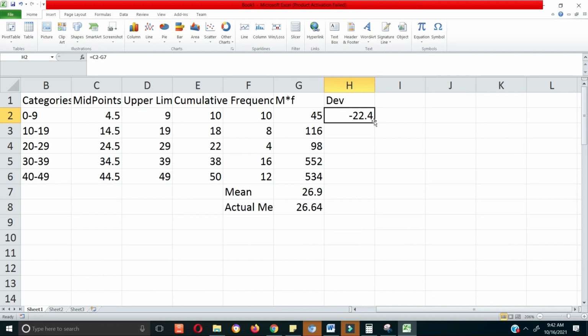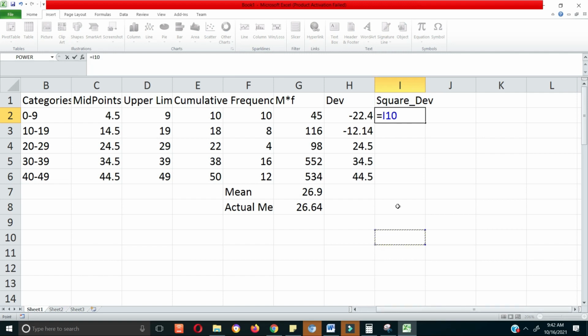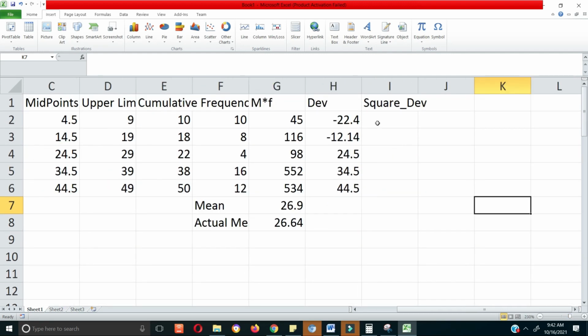These are the deviations. Then we have to square this. So we get, let me just zoom in on this a bit. If you're going to be using a mobile phone, maybe. So you have this here, whatever that is, multiplied by itself.